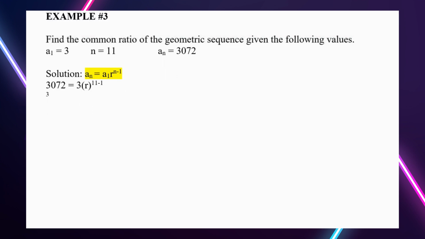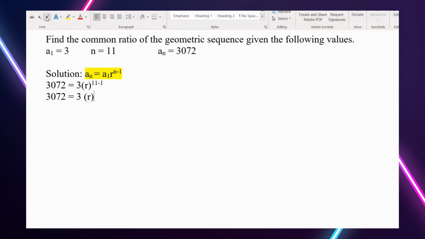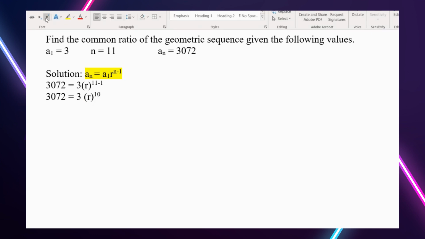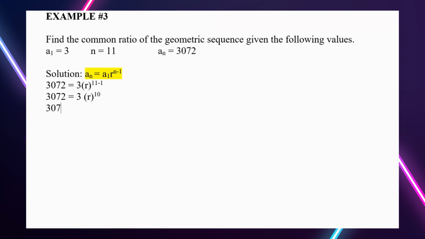So 3072 is equal to 3r raised to 11 minus 1 is, very good, 10. Next, 3072 is equal to 3 times r raised to 10 is 3r to the 10th power.